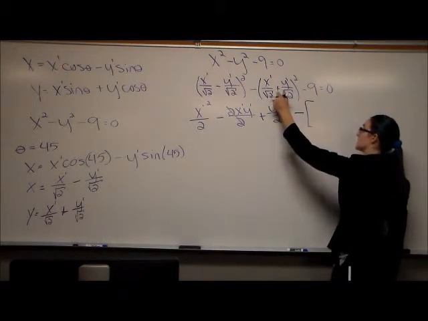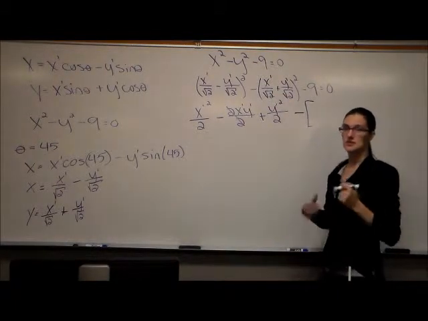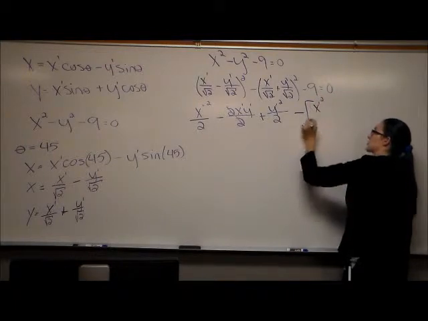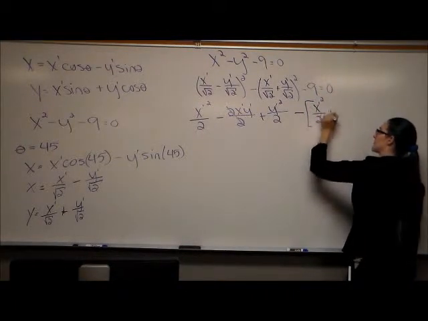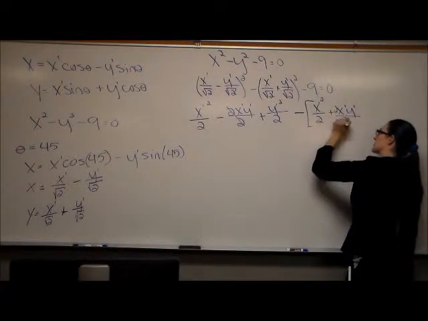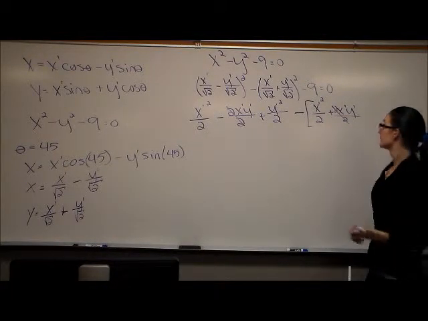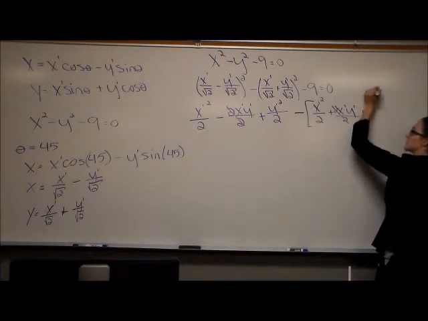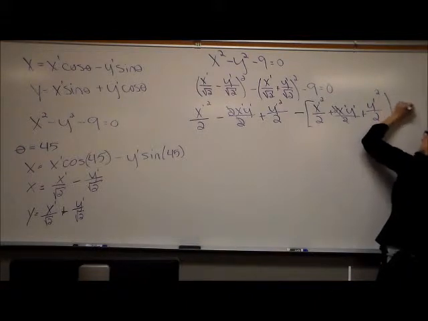So we still need to FOIL this out before we distribute the negative. So keep a set of parentheses. FOILing out, you get x prime squared over 2 plus x prime y prime, as we saw before, 2 over 2, divided by 2, which will cancel. And then you'll have plus y prime squared over 2, minus 9 is 0.